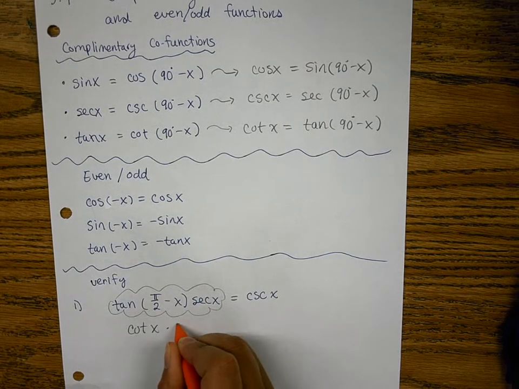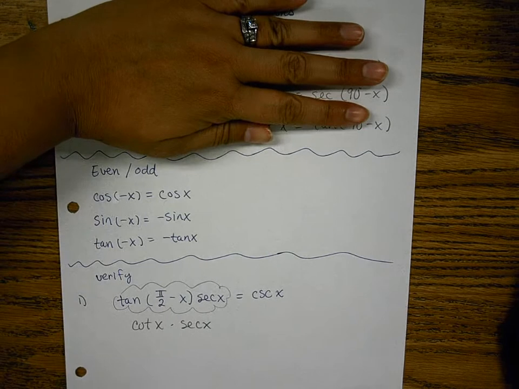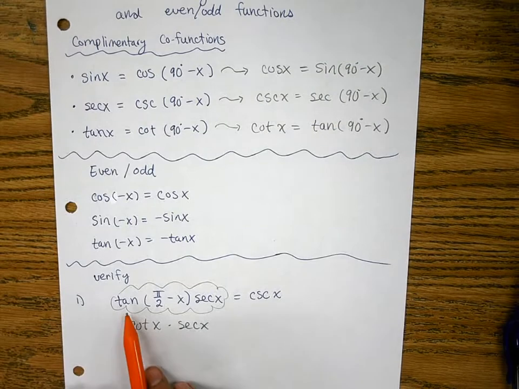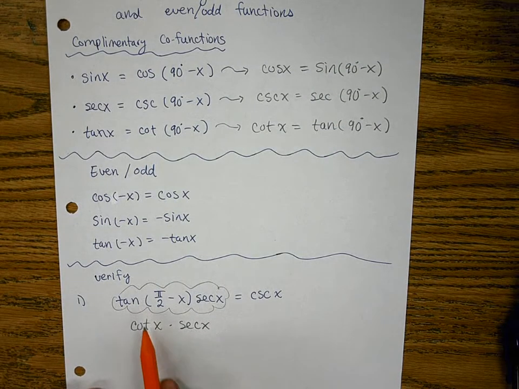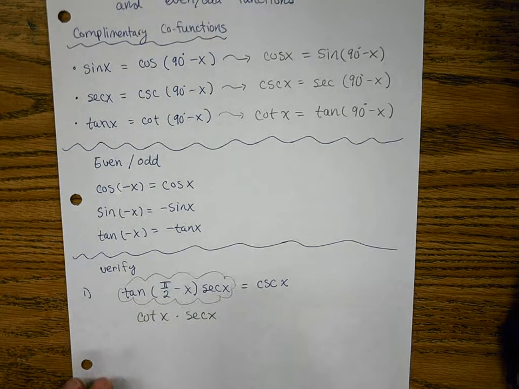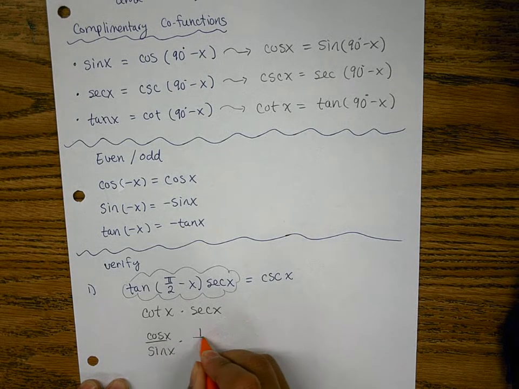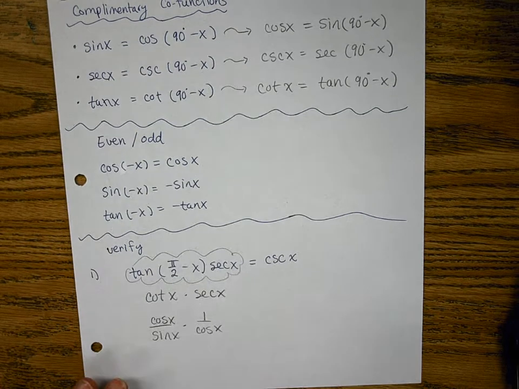Cotangent of x. Now, when you're taking the test and you don't have these up here, just remember, what's tangent's cofunction? Cotangent. What's the complement to 90 minus x? X. And cotangent and secant, we can change them both to sine and cosine. Cosine x over sine x, and secant is 1 over cosine x.